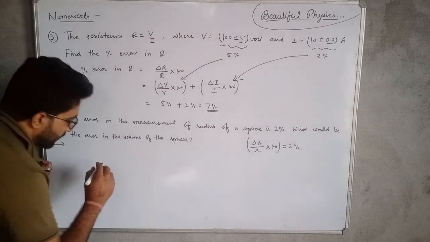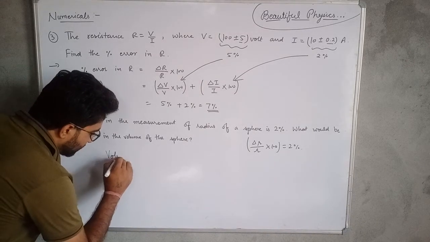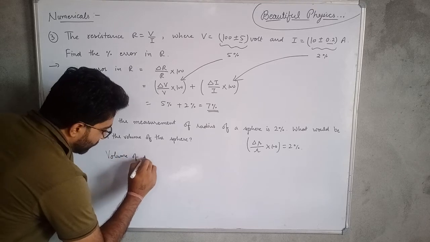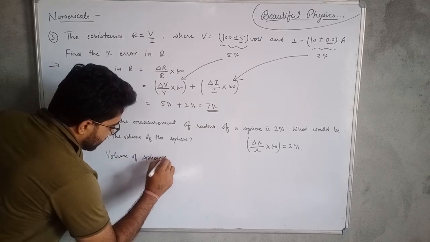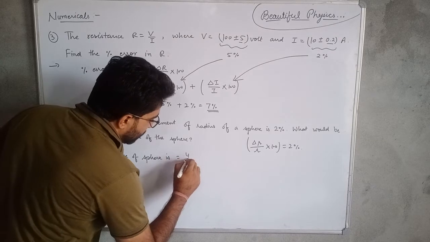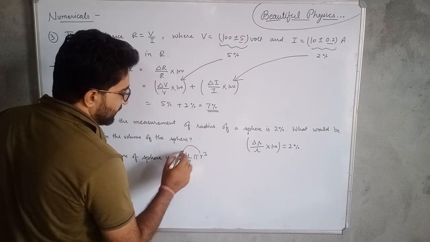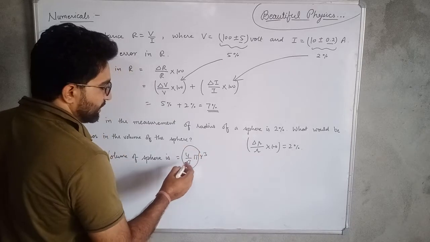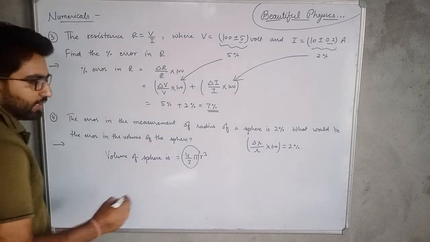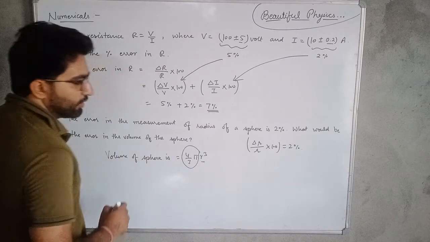As we know, the volume of the sphere is equal to 4 by 3 pi r cube. Here 4 by 3 pi is a constant quantity and we have to solve this r cube only.